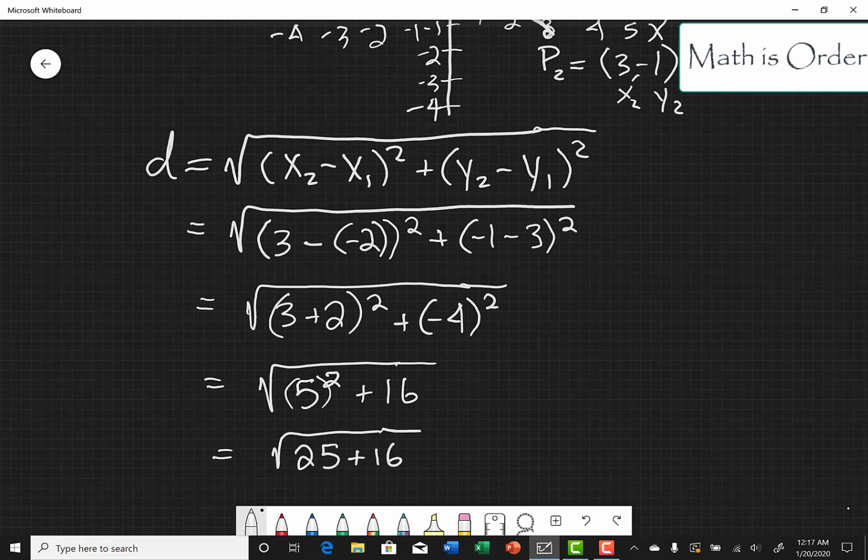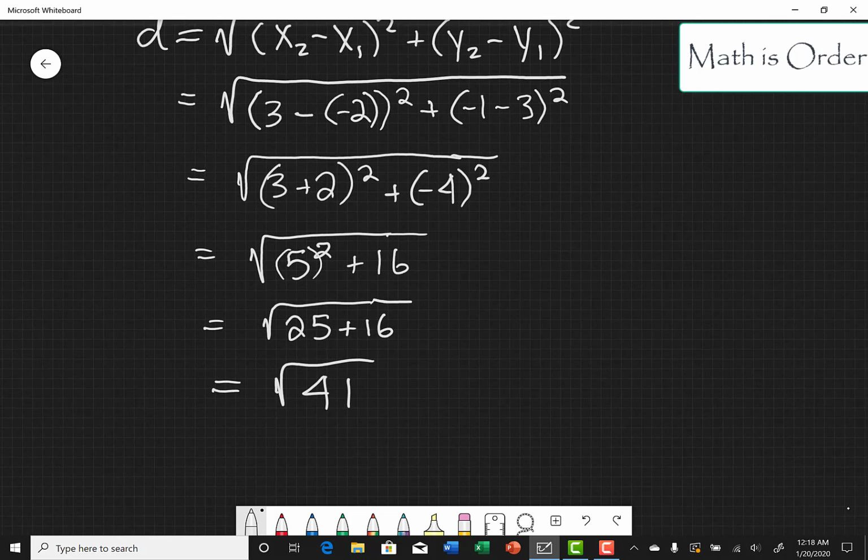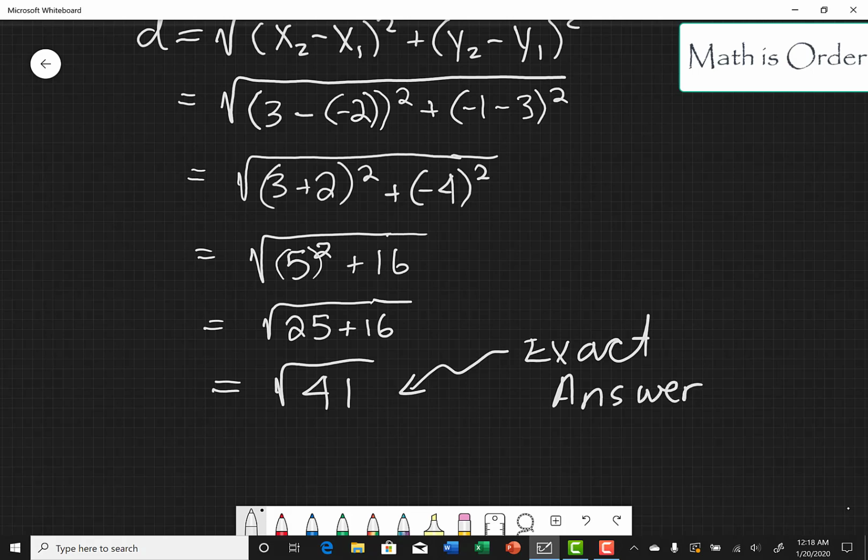Just taking our time so we don't make mistakes. So here is our final answer, and this is an exact answer. It can't be simplified any further. But you could use a calculator and get an approximate value, which is 6.4 rounded to the nearest 10th.